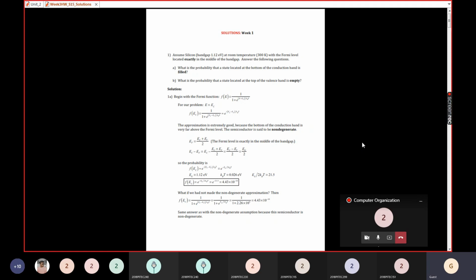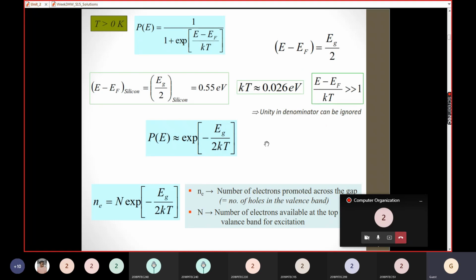Now you are free to substitute the value of temperature directly. kB is a constant, you are going to substitute it directly. But in some cases they won't give you the value of temperature, they won't give you the value of k. What you have to do is again check whether it is germanium or silicon. In most cases silicon will be represented, germanium in most cases we leave it, because silicon is the most famous material that we are using.